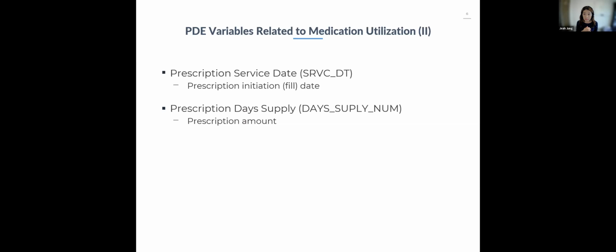So another key variable that you want to know is days of supply, a number that tells how many days of drugs the beneficiaries filled. Then another key variable here is the prescription service date, which is the variable name, and this tells you the prescription fill date.